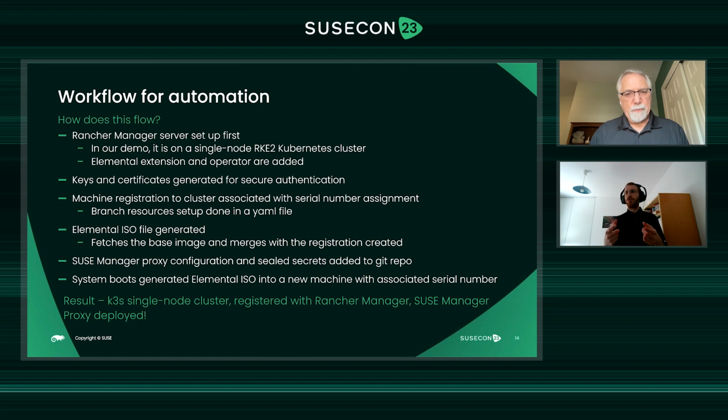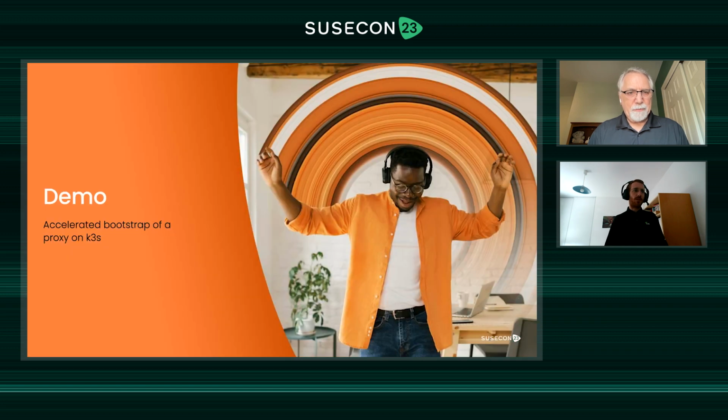Once the cluster is up and running, Fleet will discover, hey, I have a cluster, I need to apply what they call bundles on it, and it will just apply them sequentially. The end result is a working proxy where you can register clients and do all the Suma things.